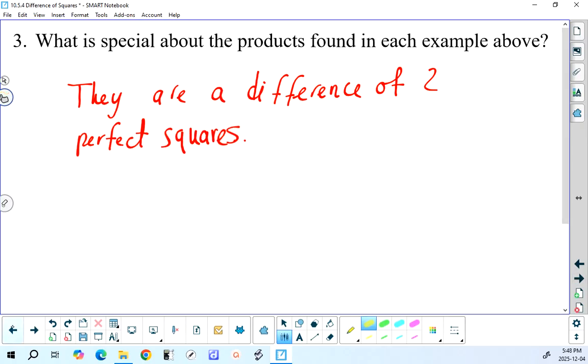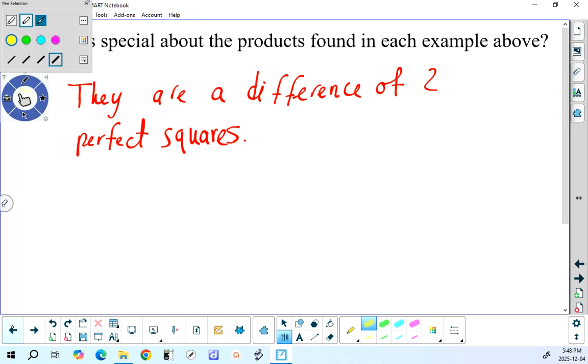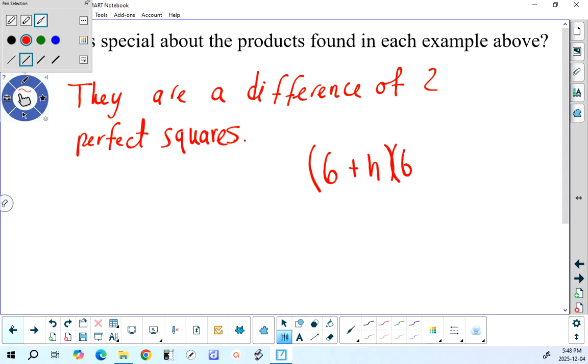And now I want to add one more thing that hopefully ties everything together. And I'm going to pick one of the previous examples and I'm going to write it over here so I don't have to keep flipping back. One of the examples was 6 plus h times 6 minus h.